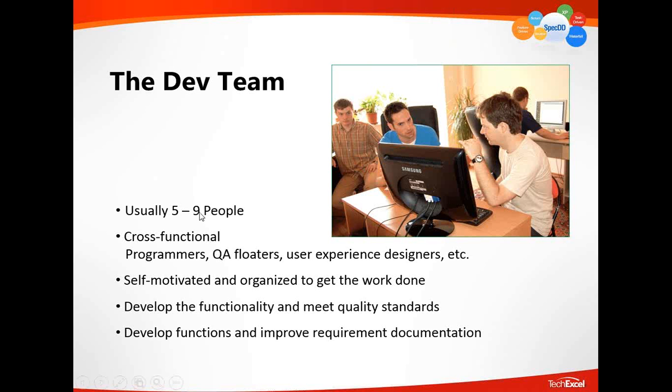So that's why it's often small and cross-functional, QA floaters are included, user experience designers are needed, depending on the project need. Programmers, of course, are always needed, but you might need other people. They self-motivate and organize to get work done, develop the functionality, and meet the quality standard.